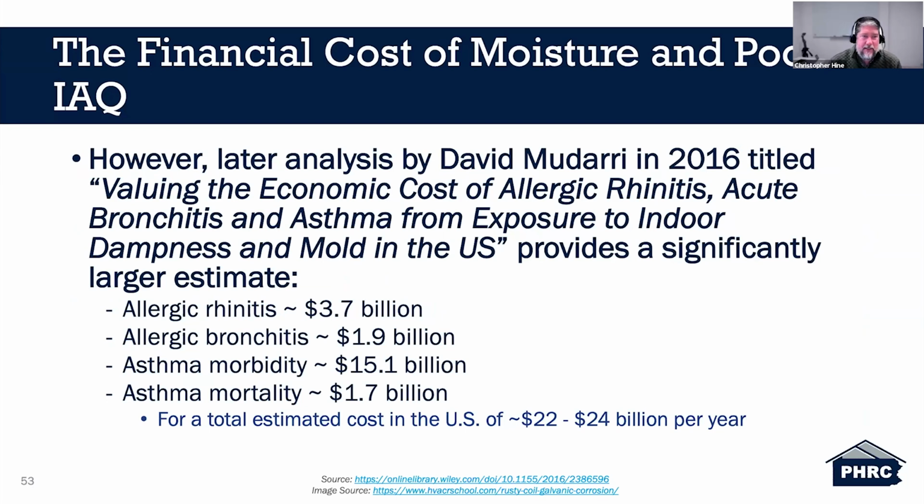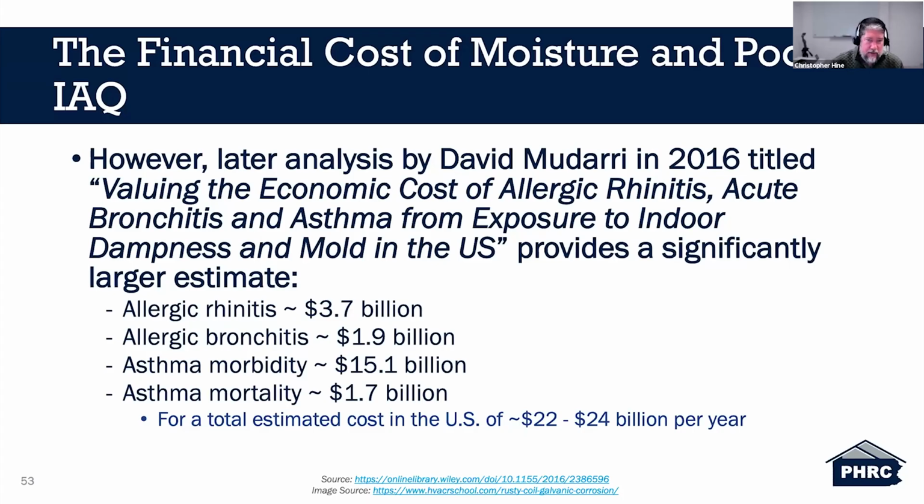So that estimate comes in for allergic rhinitis. If you're not sure what these things are, I did put a slide for medical definitions later on that you can refer back to. But rhinitis is an inflammation of the mucous membrane of the nose, typically caused by a virus infection or by an allergic reaction. So that comes in at $3.7 billion.